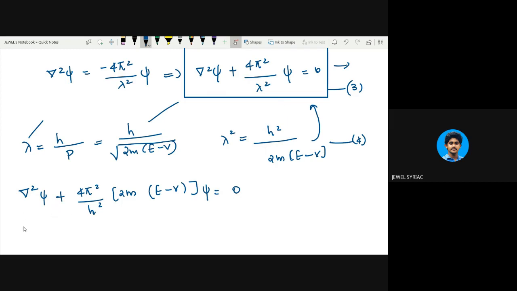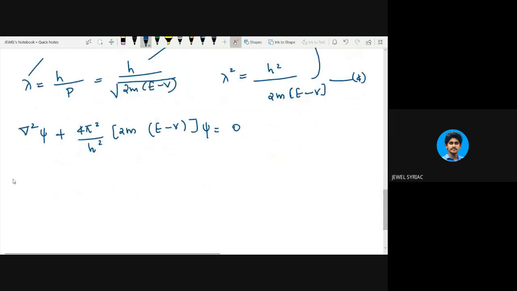We can reduce this equation further. That is, del square psi plus, multiply this 4 pi square inside the bracket, or just multiply this 2m outside of the bracket. That becomes 8 pi square m by h square into E minus V into psi equal to 0.